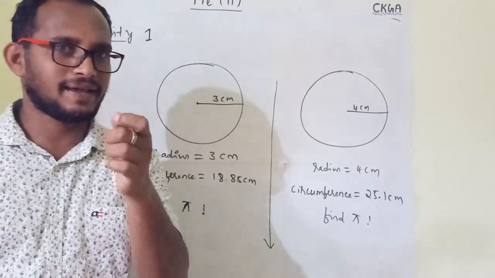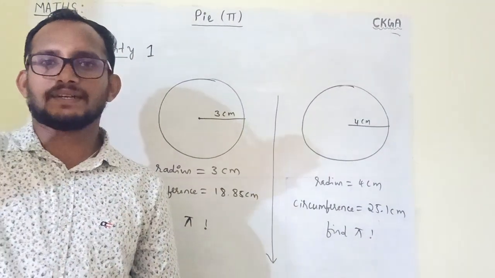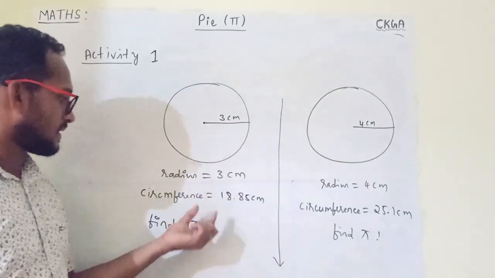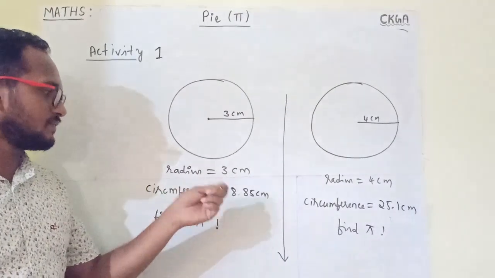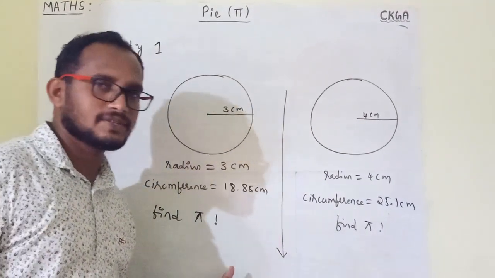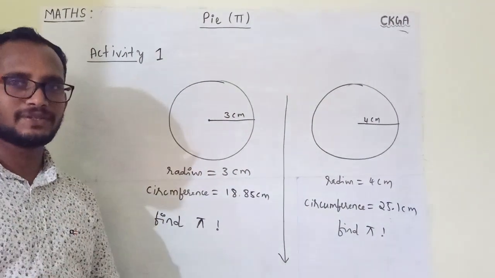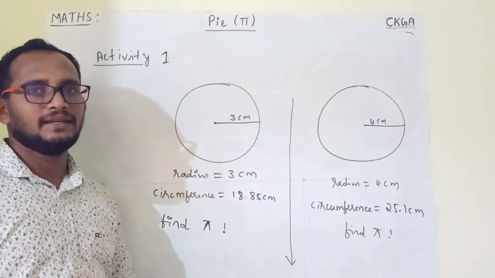You know what pi actually is: the ratio of circumference to diameter. The circumference is given. You just find the diameter and divide the circumference by the diameter. You get the value of pi. In both cases the values will surprise you. In each case you will get the same value, and that is the value of pi.